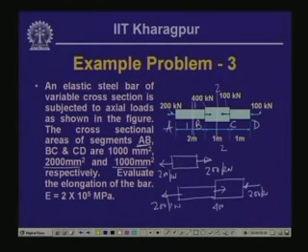This is being pulled, it has a compressive force of 200 kilonewton, and if we take a free body at this part, then we have the free body part as like this.